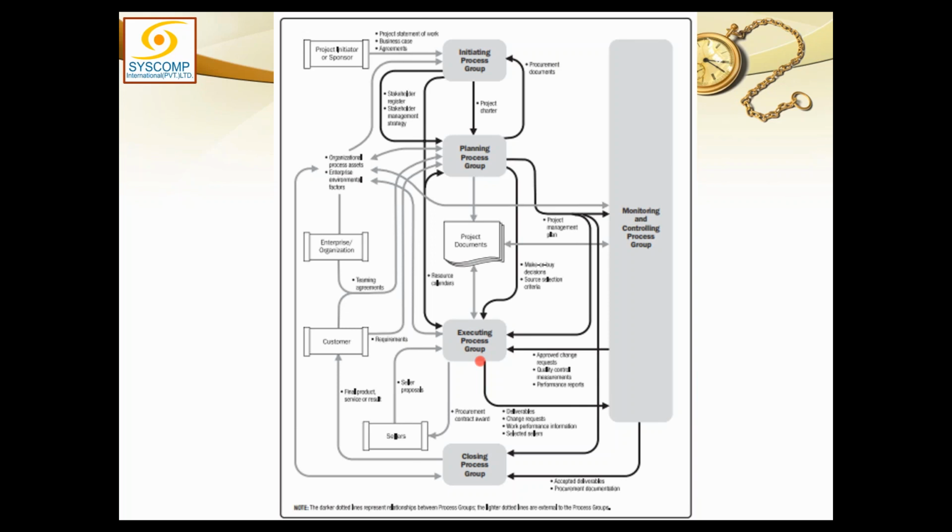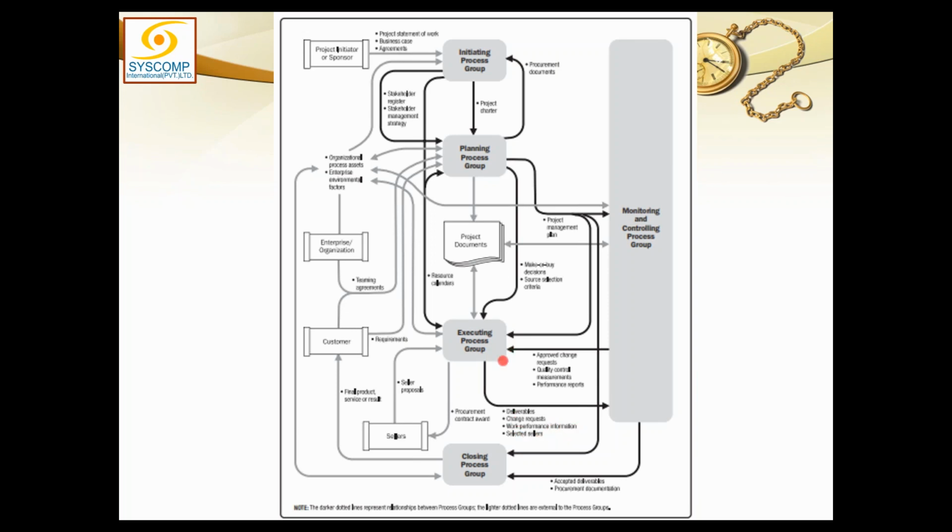They are sent for inspection to monitoring and control. Then we have work performance data. Whatever is happening here in execution, a complete report of everything happening is called work performance data. Here in the diagram, it is written work performance information, which is wrong. It should be work performance data.